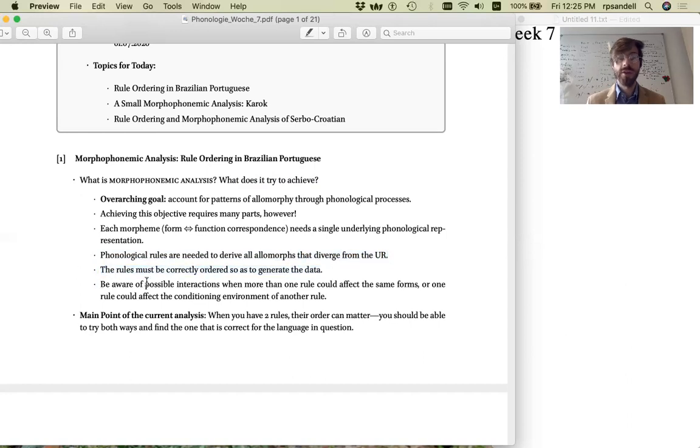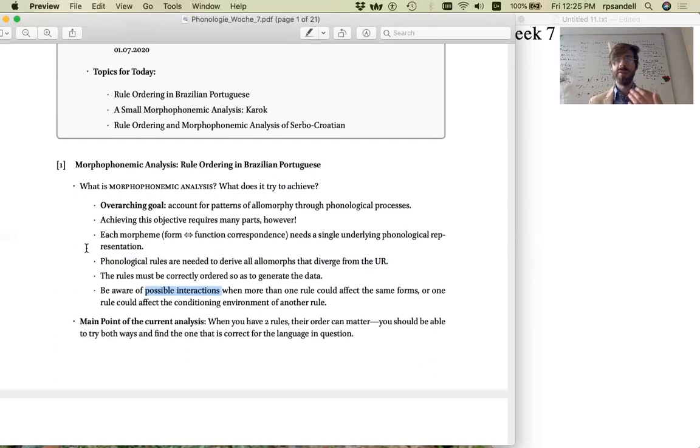So being aware of the possible interactions between rules. Last week we talked about the notions of feeding, bleeding, counterfeeding, and counterbleeding among rules with some abstract examples. And now we're actually going to see those types of rule interactions at work in this Brazilian Portuguese data.